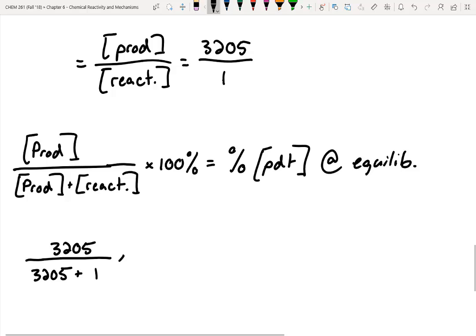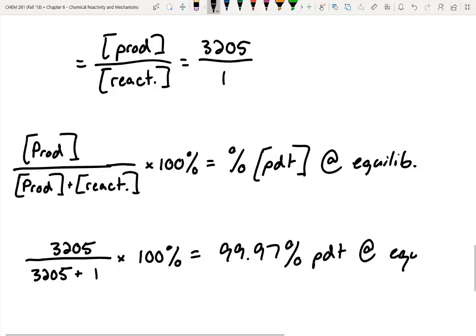All right, so if we take this and multiply it by 100%, what value does that give us? So 99.9% product at equilibrium.